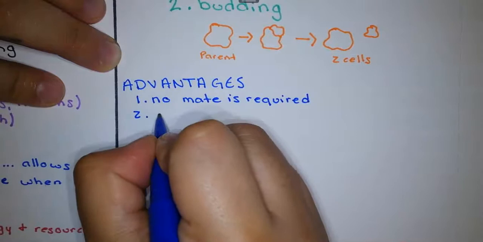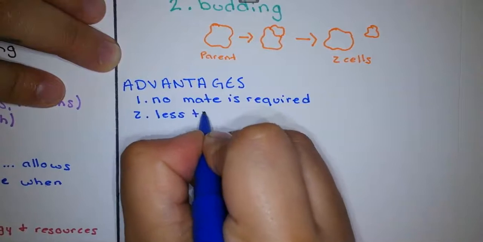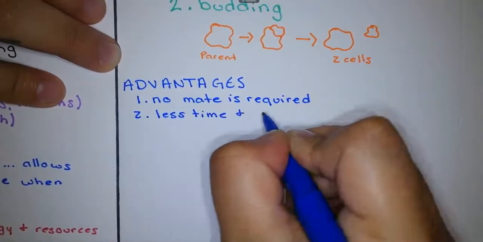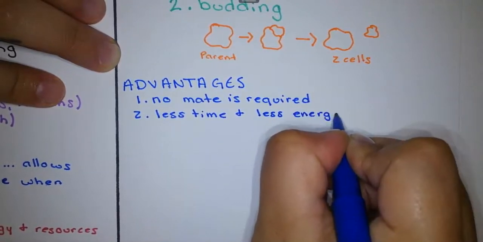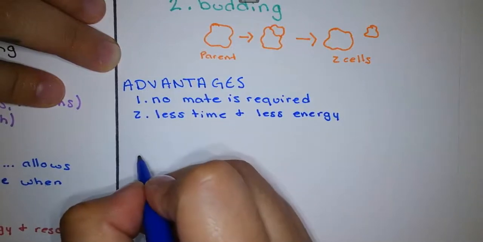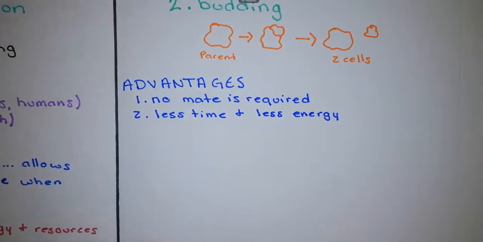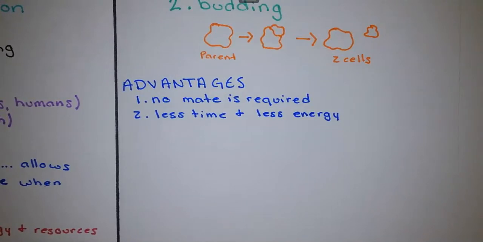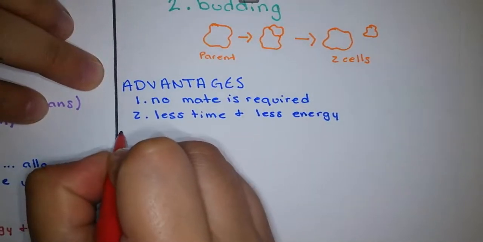Two, it doesn't take that long, so it's less time and less energy. Okay, those are two advantages that I'm going to put. Now, disadvantages, I'm going to put two disadvantages.